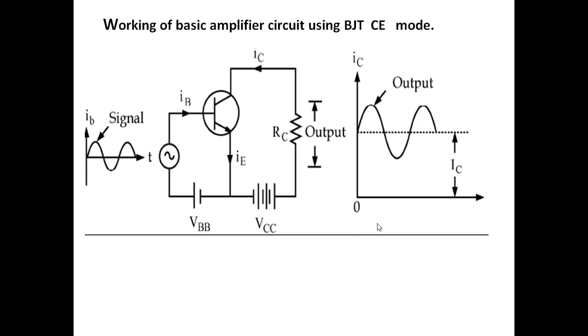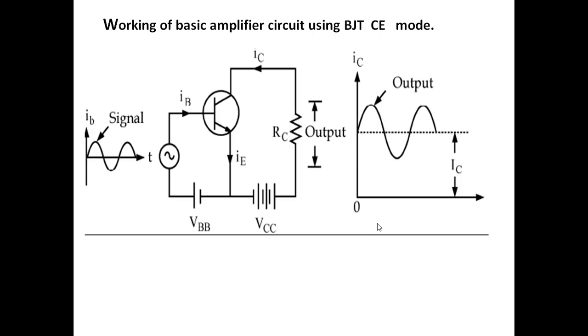Let us see, by calculating different parameters, that is input resistance, output resistance, voltage gain, current gain, and power gain. These values are calculated in the small signal model, that is, in AC analysis.